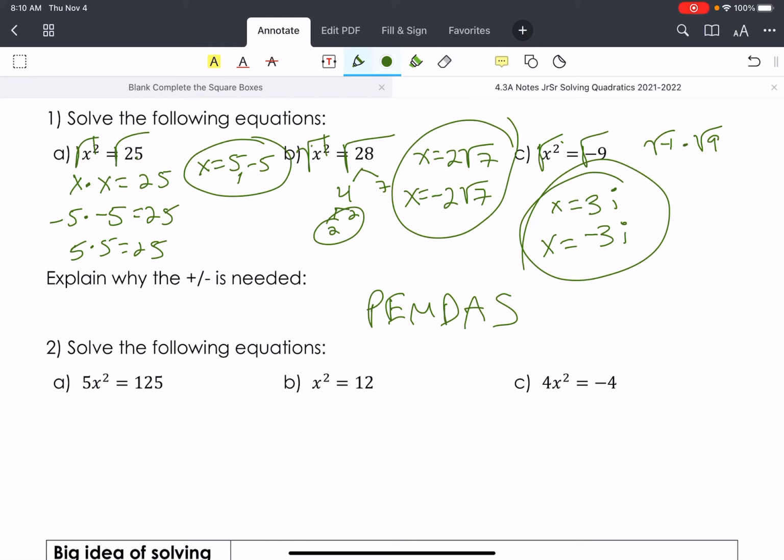So with that in mind, what should I do first on 2A? Divide by 5. Good. And if I do it to one side of an equation, I have to do it to the other, right? So x squared equals what? 25, good. Is x alone?